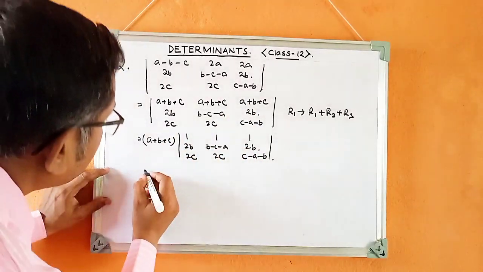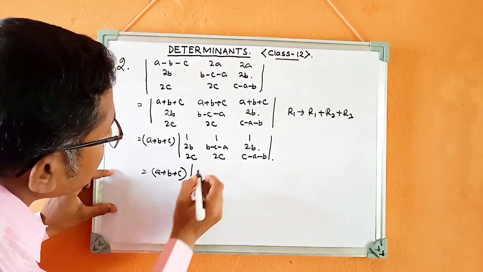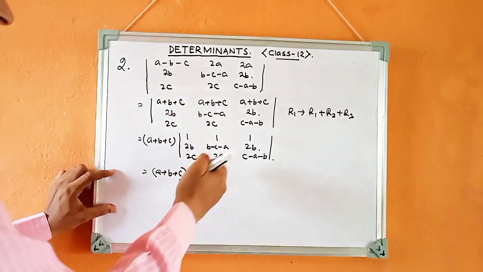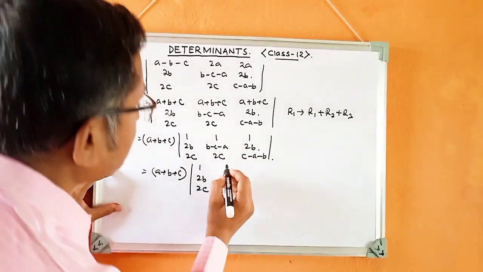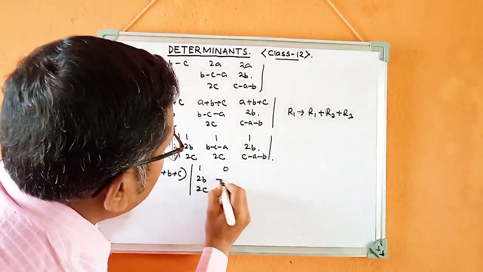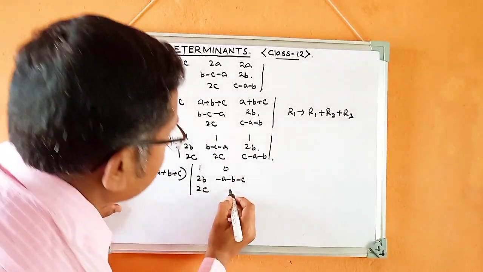See carefully. A plus B plus C. The first column remains the same: 1, 2B, 2C. Then second column minus first column: 1 minus 1 is 0. Now this minus this, so we get minus A, minus B, minus C. Then 2C minus 2C is 0.